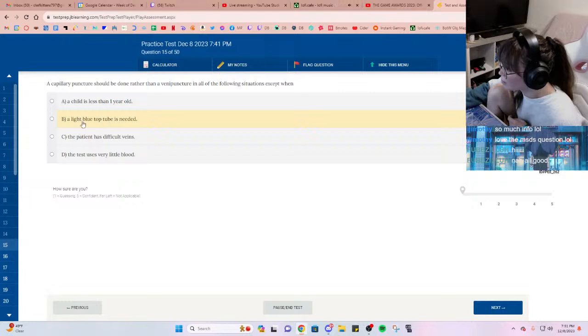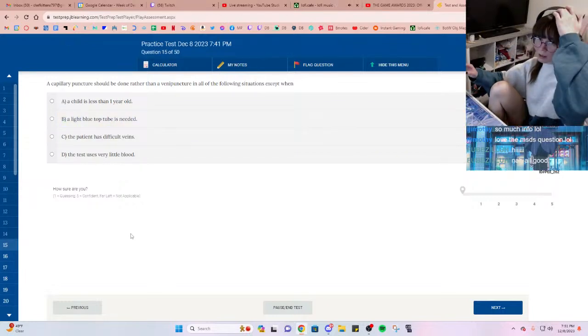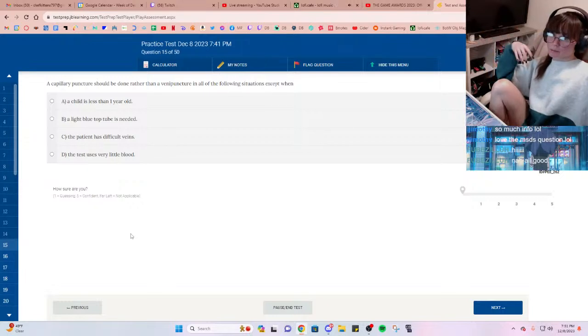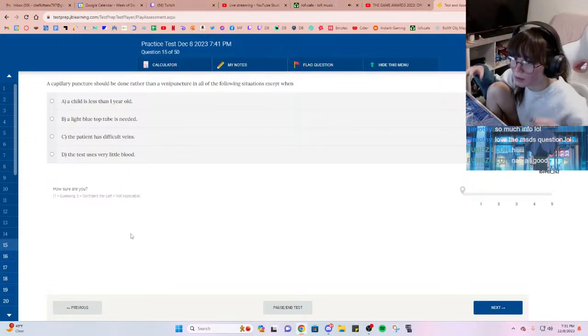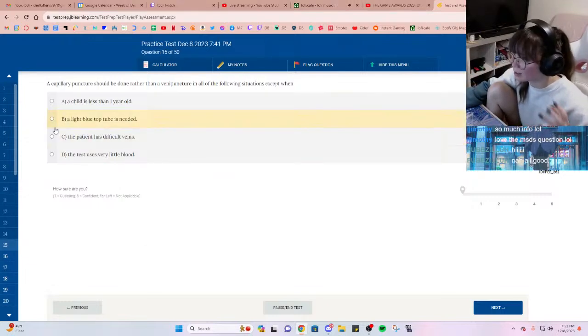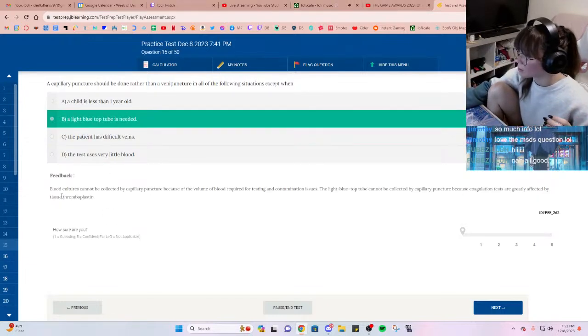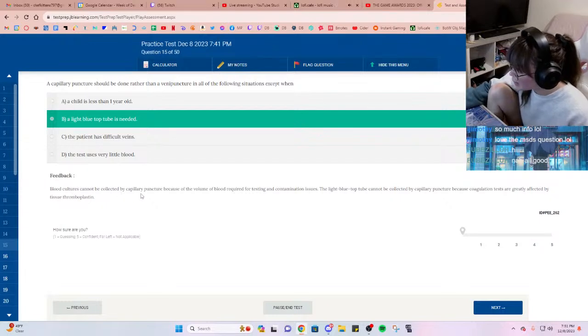I think a light blue top is needed too, because a light blue top tube needs a certain amount of blood in order to work correctly, because it needs a certain ratio to the additive. Yes, blood cultures cannot be collected by capillary puncture because of the volume of blood required for testing and contamination issues. The light blue top tube cannot be collected by capillary puncture because coagulation tests are greatly affected by tissue thromboplastin. Okay, so that's why.